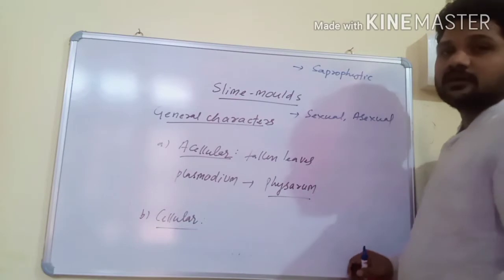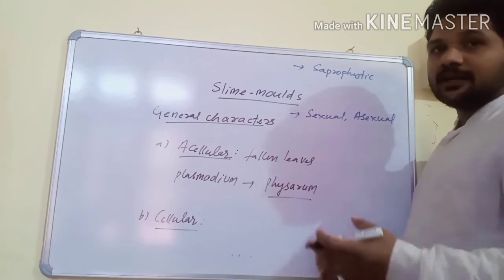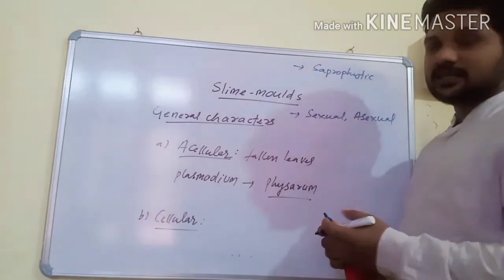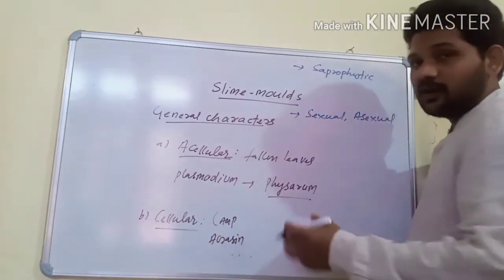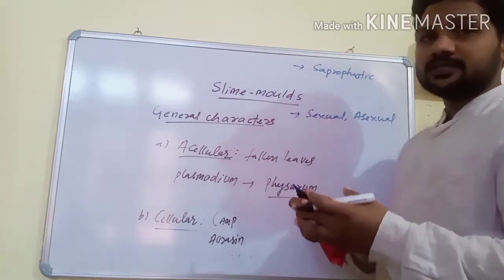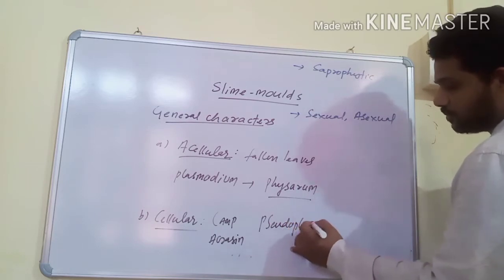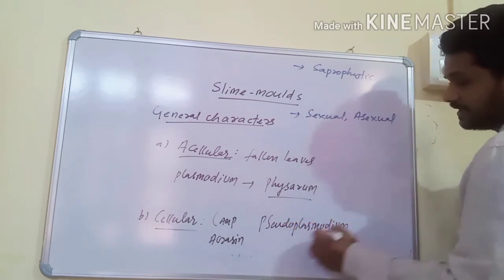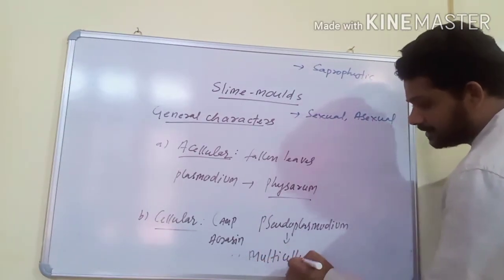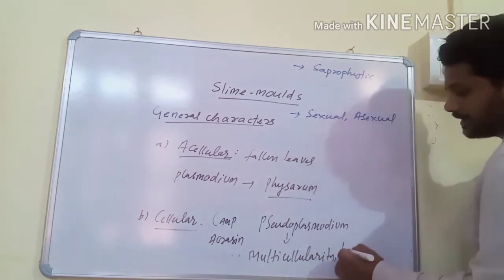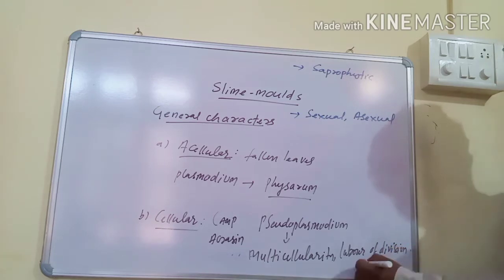Cellular slime molds usually grow on dead decaying matter. Under unfavorable conditions, chemicals like cAMP and acrasin help in the formation of an aggregation known as pseudoplasmodium. The pseudoplasmodium exhibits primitive multicellularity and division of labor. Multicellularity and division of labor are initiated in slime molds.